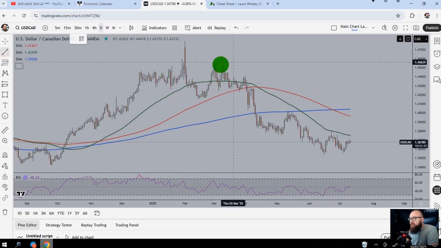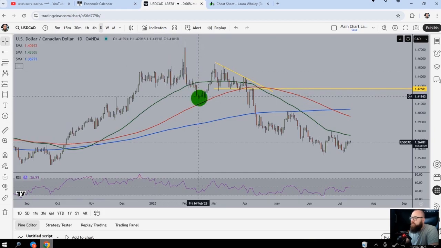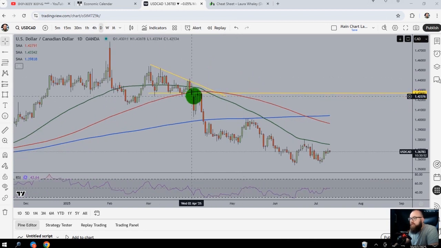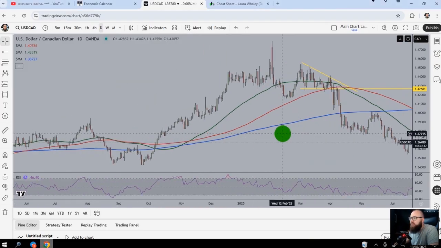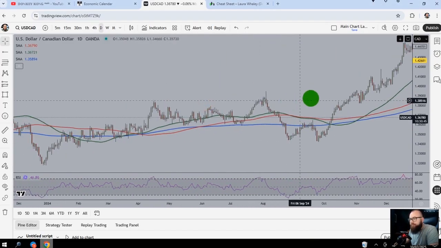We have another triangle pattern here. This is a descending triangle. Okay, so price forms a lower swing low. It's almost a head and shoulders pattern, or it is a head and shoulders pattern, isn't it? Shoulder, head, shoulder. Okay, and then in this retrace move before price swings lower, we have a descending triangle. So it's a horizontal support with a diagonal resistance. Once again, price closes out, it breaks below, and the trend continues.